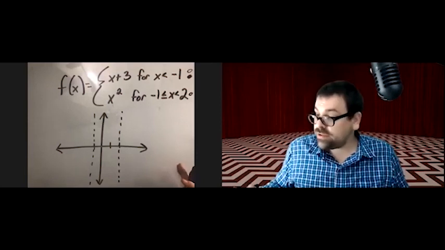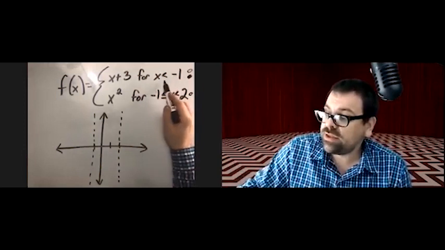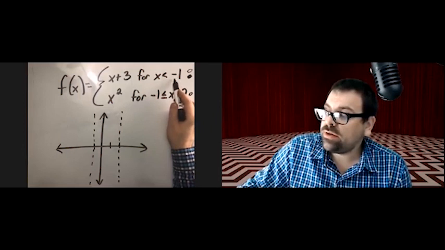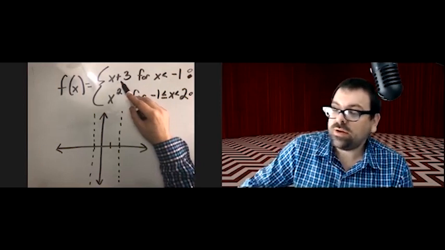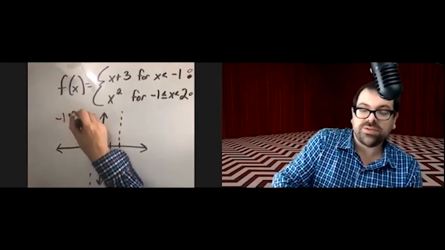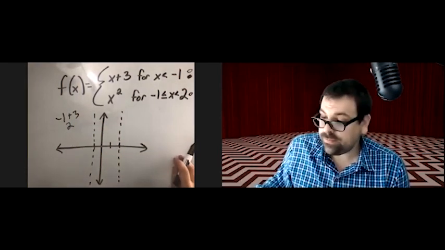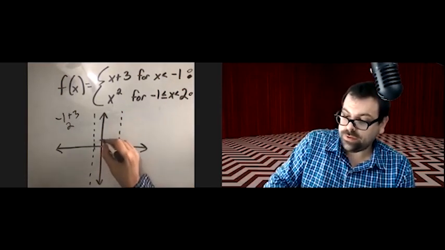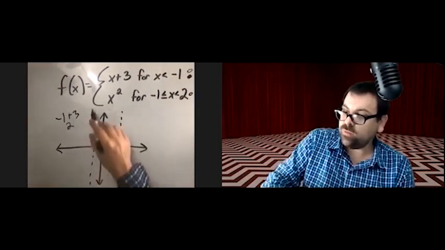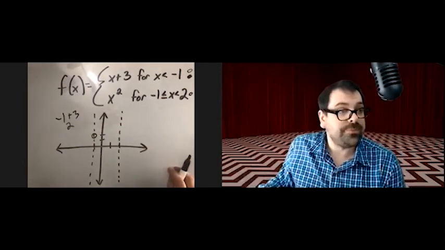Let's find these values. So for -1, let's do the open first. That's here. -1 plugged into x plus 3 would be -1 plus 3, which is +2. So at x equals -1, y equals +2, there is an open circle.